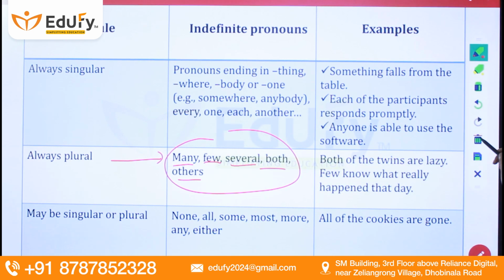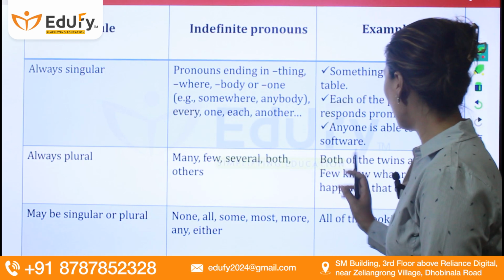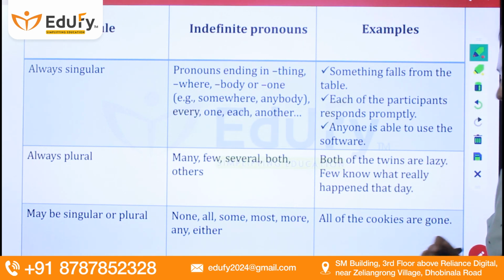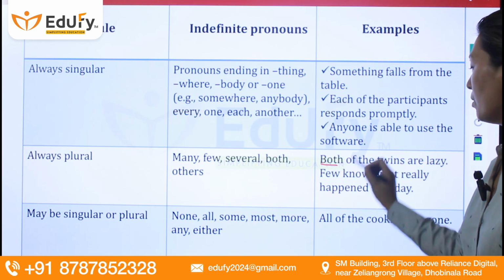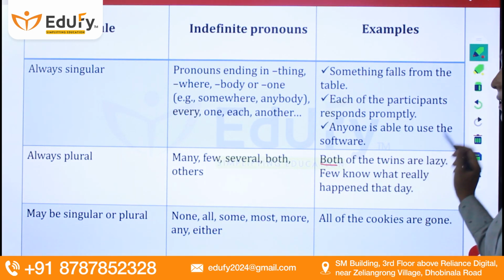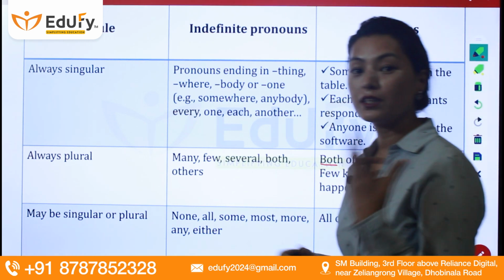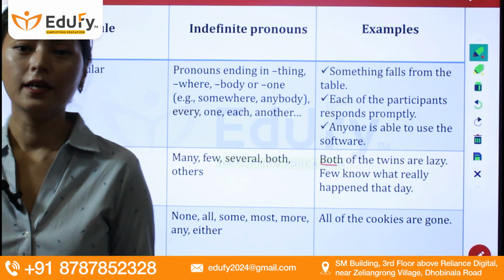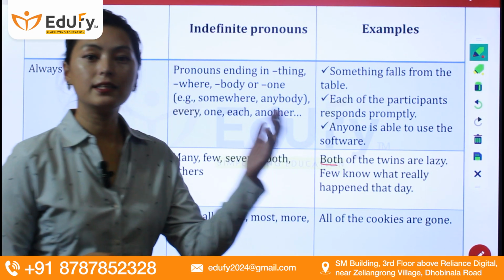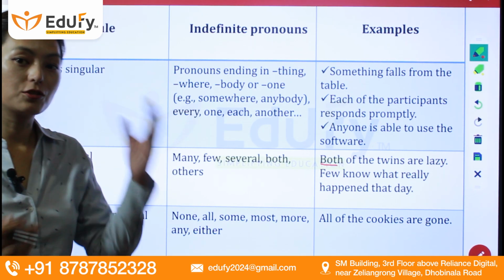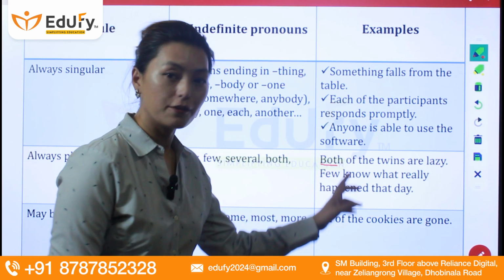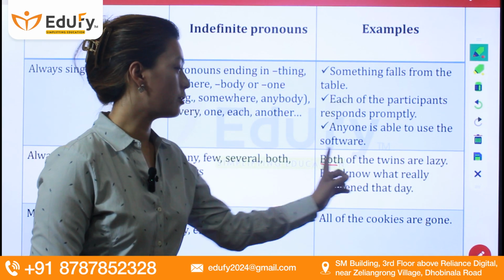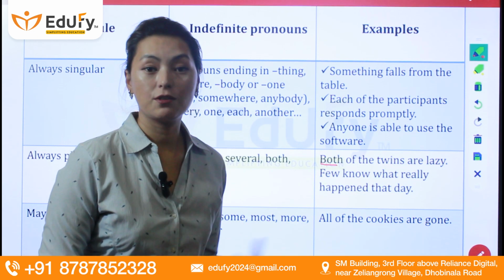So, in this sentence, both of the twins are lazy. Both of the twins are lazy. This is referring to two people, right? Although it is not exactly defining which twin, it's indefinite in the sense that it is not referring to any specific person.